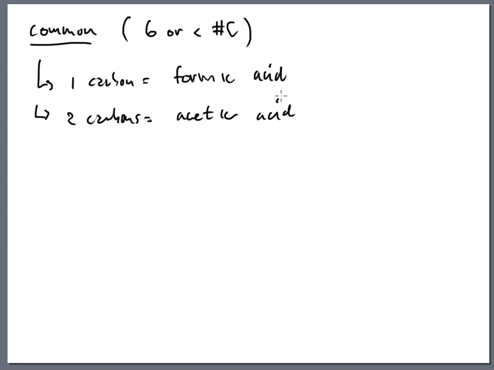A weakened solution of acetic acid is vinegar. Okay, so we're going to keep this up. 3 carbons. Well, this common name is propion. Propionic acid. Propionic acid.